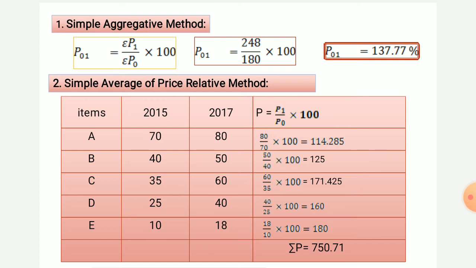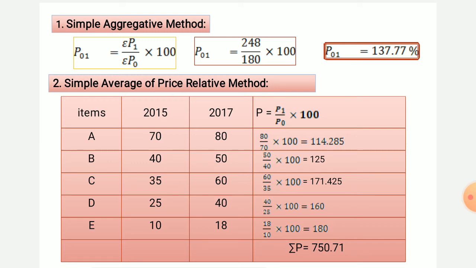Calculate P, where P stands for price relatives, and that can be calculated as P1 by P0 into 100, current year price divided by base year price into 100.